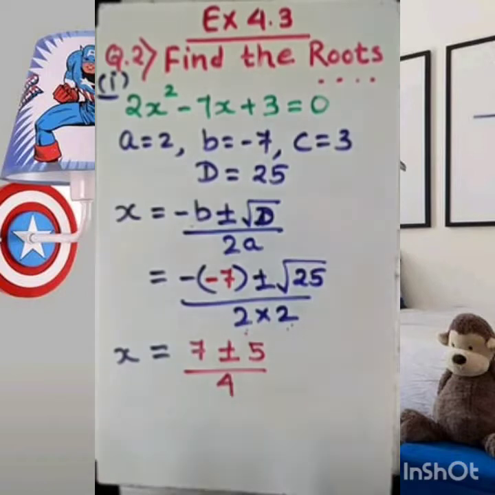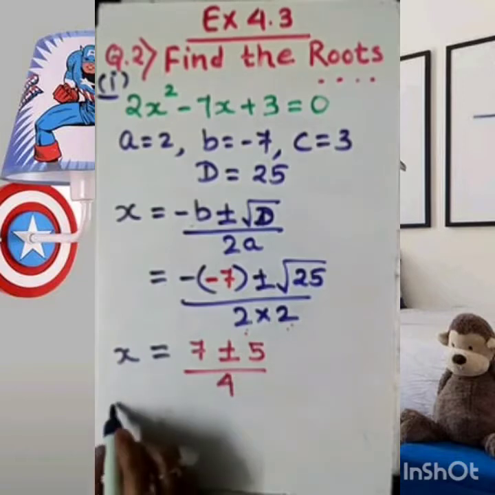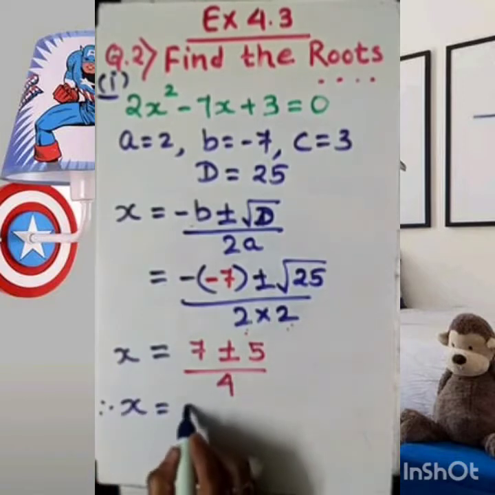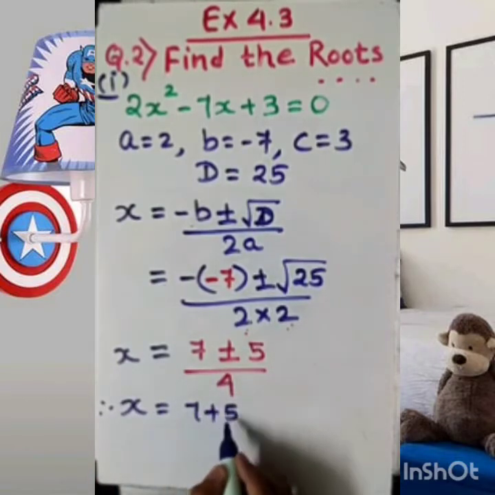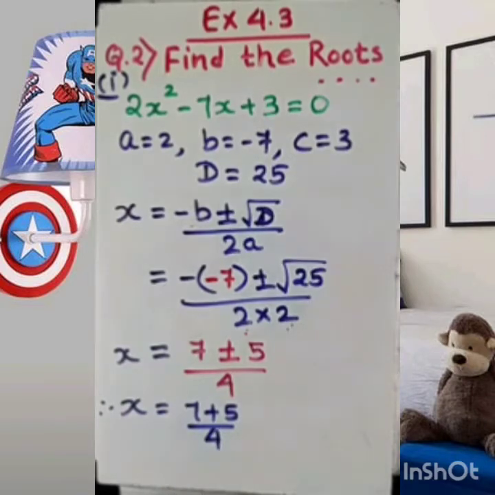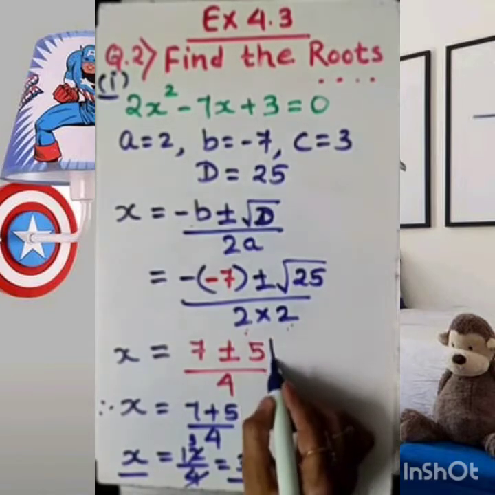Now let's simplify. There are two options. If I go with the plus, 7 plus 5 by 4, that is 12 by 4, which is 3. So one value of x is 3. Let's work out the other value also.